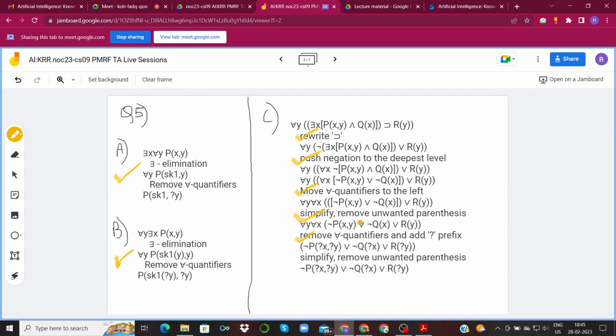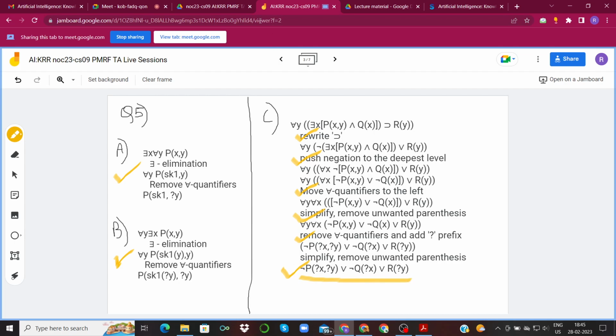All of these are universally quantified variables, so you replace them with question mark x, question mark y. Similarly, not q of x or r of question mark y. Okay. Lastly, you remove this last parenthesis as well, and what you get is this, right?